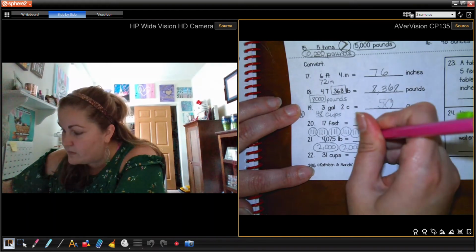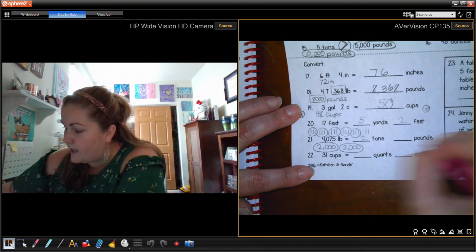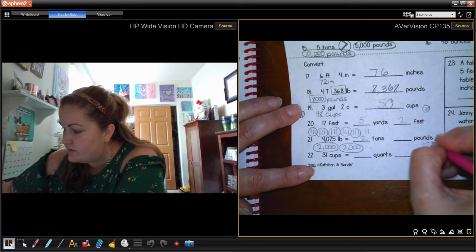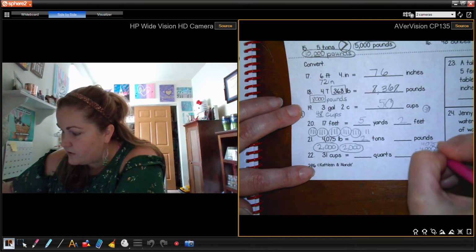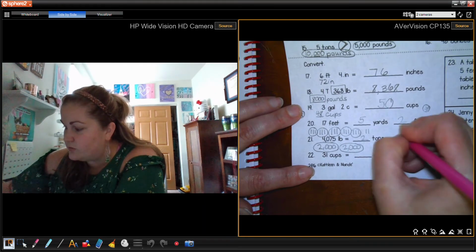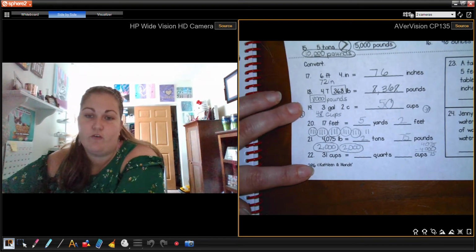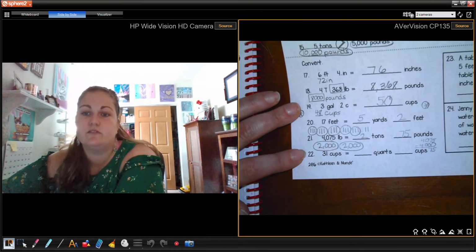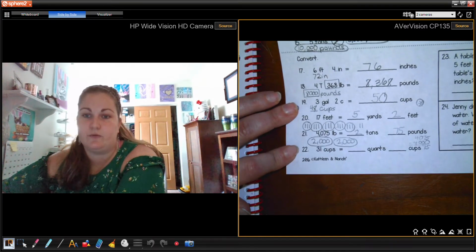So I can only make 2 tons. And if I take away 4,000 from 4,075, some of you could maybe do that in your head, that means I only have 75 more pounds there. So 4,075 pounds is the same thing as 2 tons and 75 pounds.